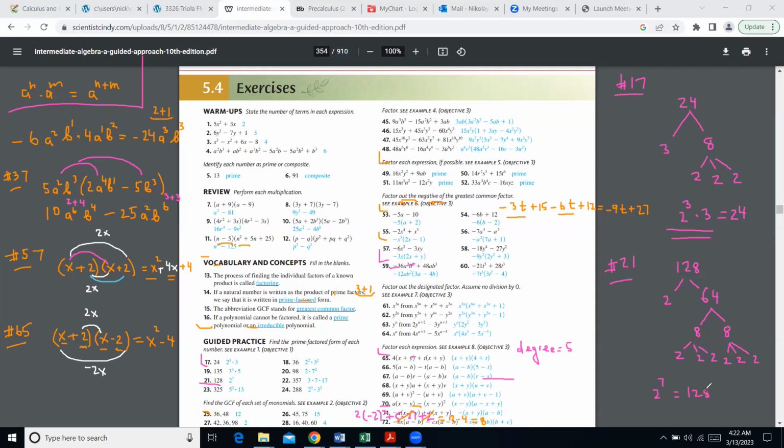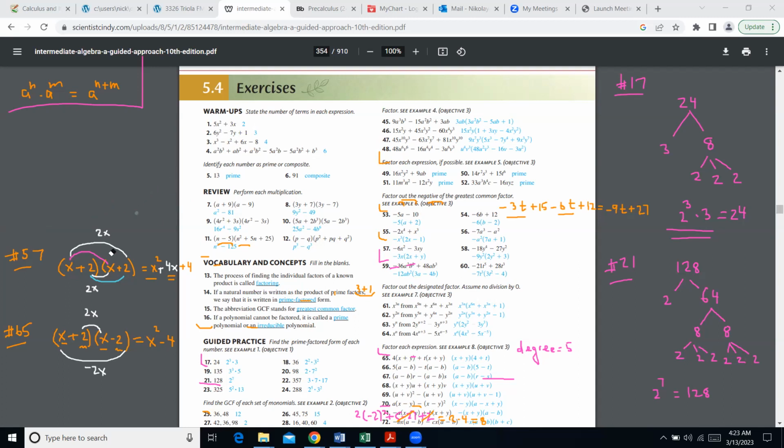So I broke the number into 7 same factors, and that's exactly what they want. That's called factoring completely. So you get this result.